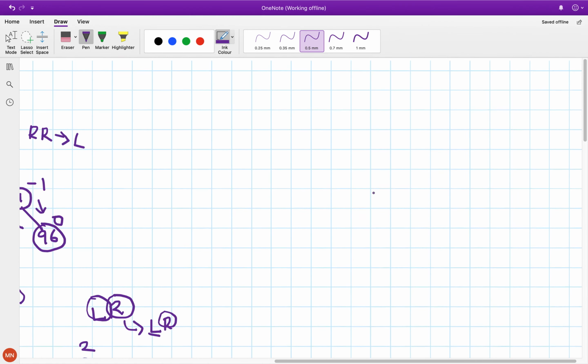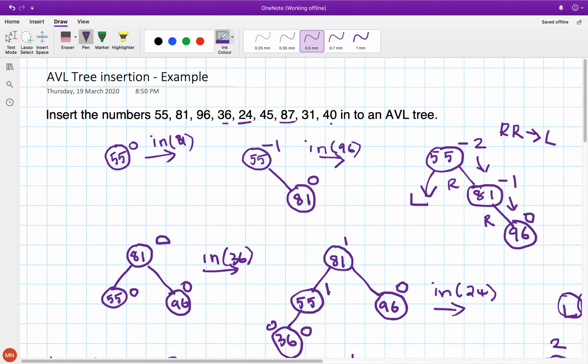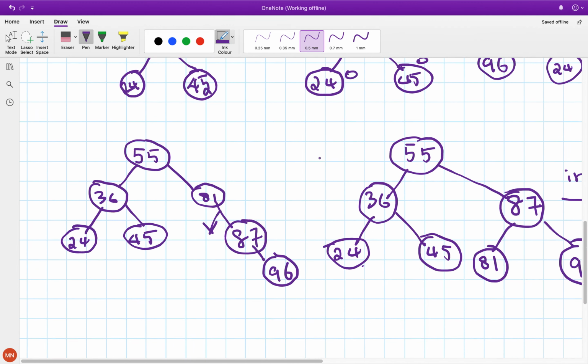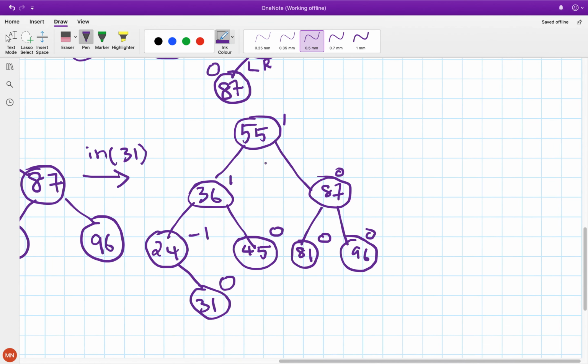Now we have to insert the last number as well, that is the number 40. Now if you look at the diagram, the 40 will be coming on the left of 55, on the right of 36, on the left of 45. So I'm drawing that also here.